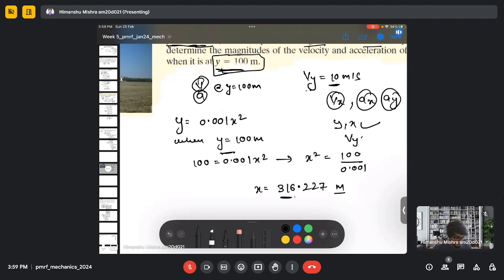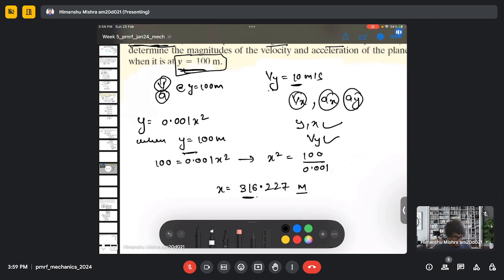So now we have y, we have x, we have vy also, and we need to calculate vx, ax, and ay.